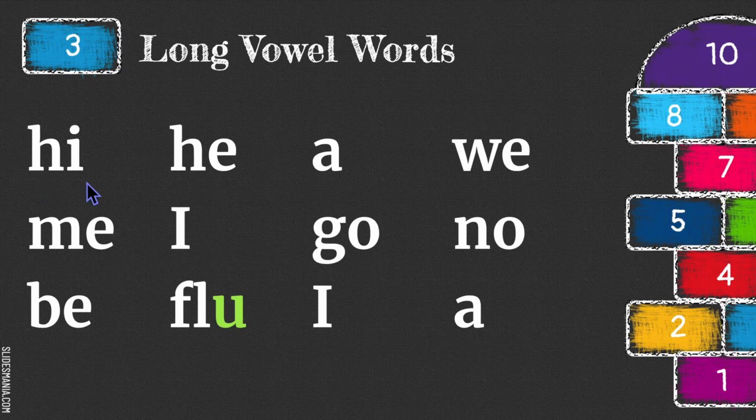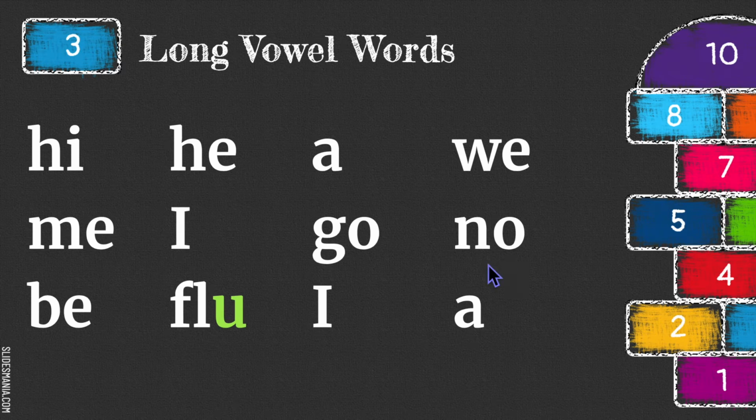I, hi. Now, notice we sound it out slowly, and then we say it fast, and it's okay to run your finger below the sounds as you do it. E, he. W, e, we. M, e, me. G, o, go.